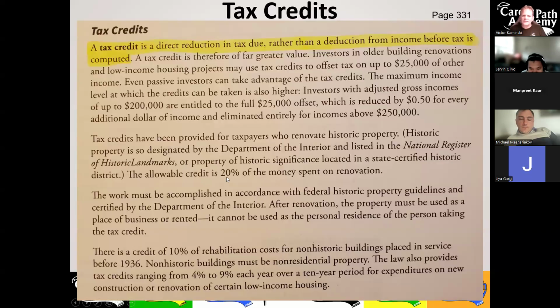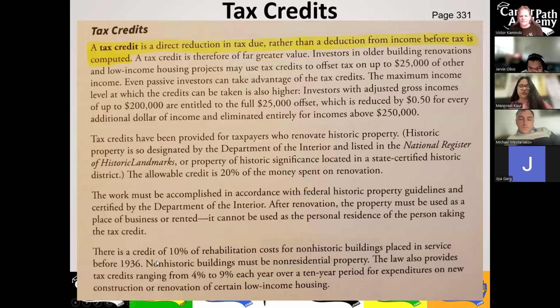The allowable credit is 20% of the money spent on any renovation. The work must be accomplished in accordance with the Federal Historic Property Guidelines and certified by the Department of Interior. After renovation, the property must be used as a place of business or rented. It cannot be used for personal residence of the person taking the tax credit.